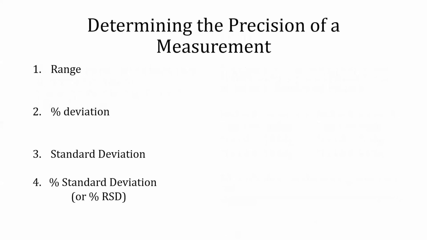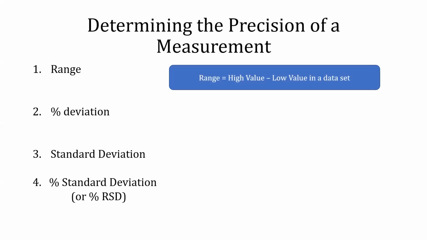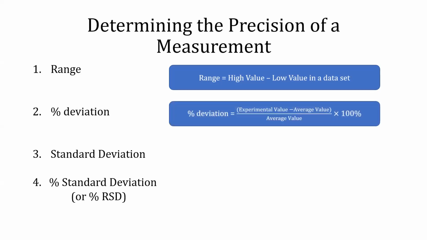Determining the precision of a measurement can be done by the following statistical calculations. 1. Range is the difference between the high value and low value in a data set. 2. Percent deviation is the difference between the experimental value and average value divided by the average value times 100%. 3.